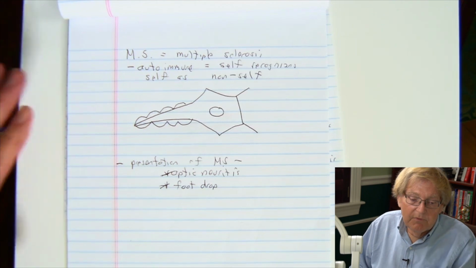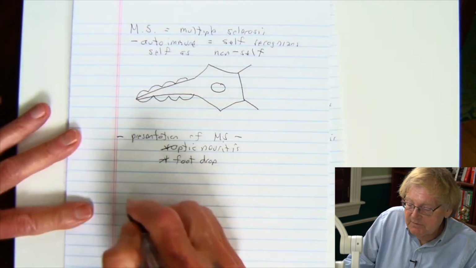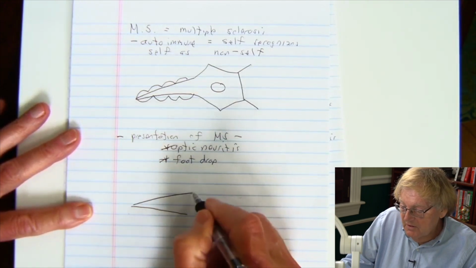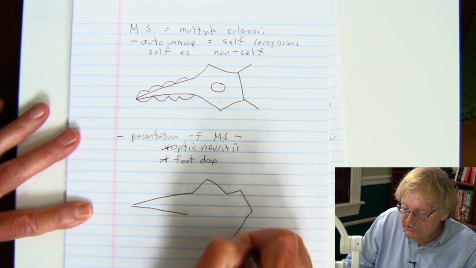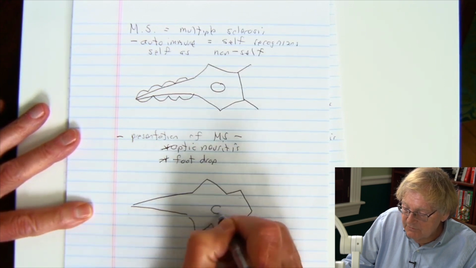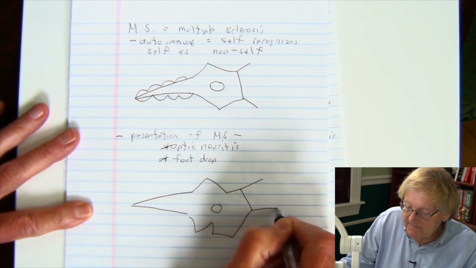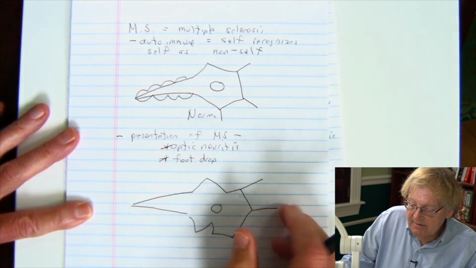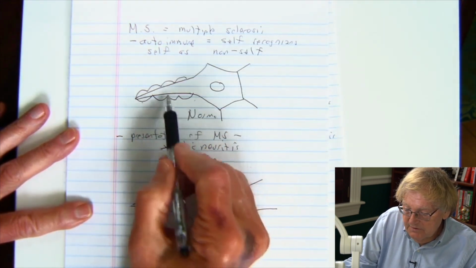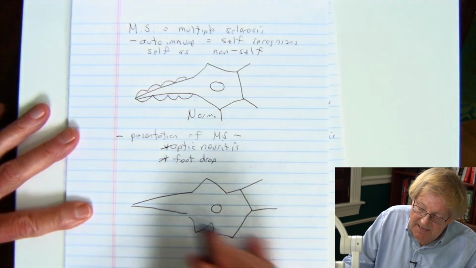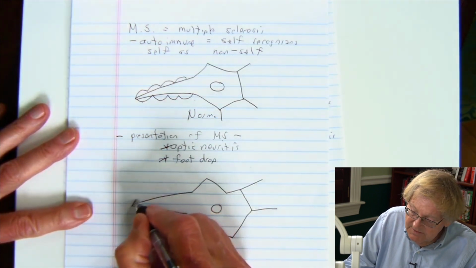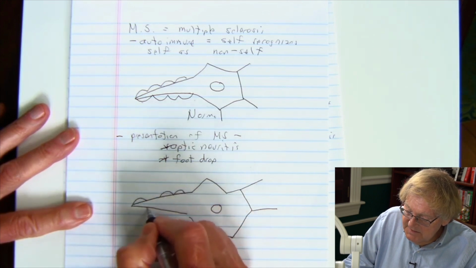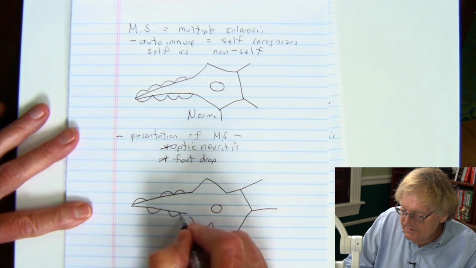And so therefore, when you think of what MS would be, if I was to look at a neuron of a person with multiple sclerosis, where I've got a degeneration of the myelin sheath, if that was a normal looking axon with the myelin sheath and the nodes of Ranvier, if I had MS and I did pathology and did a biopsy, I would notice that I'm missing some of the myelin that's connecting.